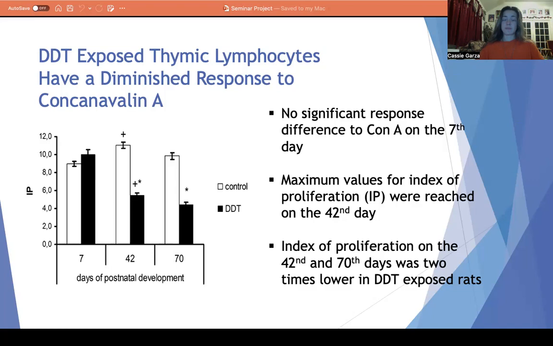When cells don't have the time to differentiate and develop like they should in the thymus, they're probably lacking these receptors, and that's what's causing this diminished response to lectin concanavalin A.